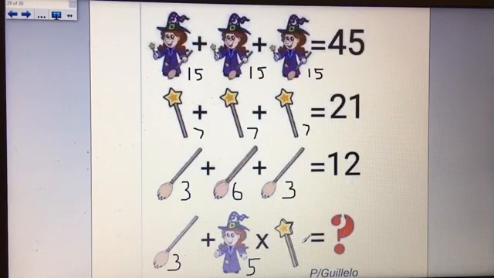There's not just 1 star, there's 2 stars. So that's got to be 14. So you would do 5 multiplied by 14, which makes 70, then add the 3 to make 73. Thank you very much, Miss Quimby, for that.